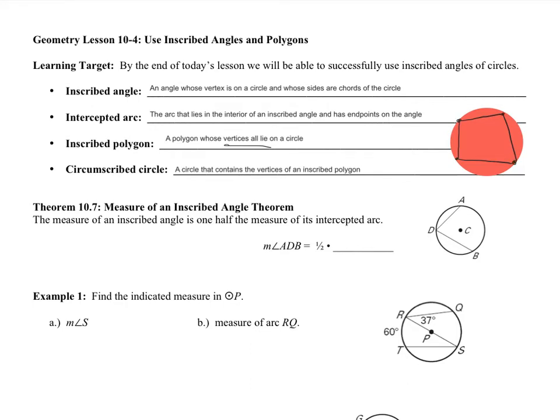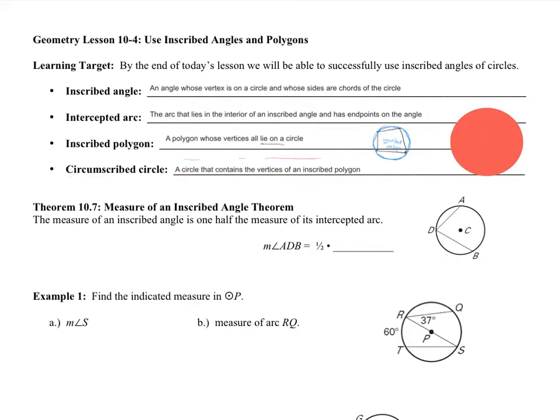And the circumscribed circle would just be the circle that contains the vertices of the inscribed polygon. So this we will refer to as the circumscribed circle around the polygon. And this is the inscribed polygon. So in means inside, circum means around the circle.